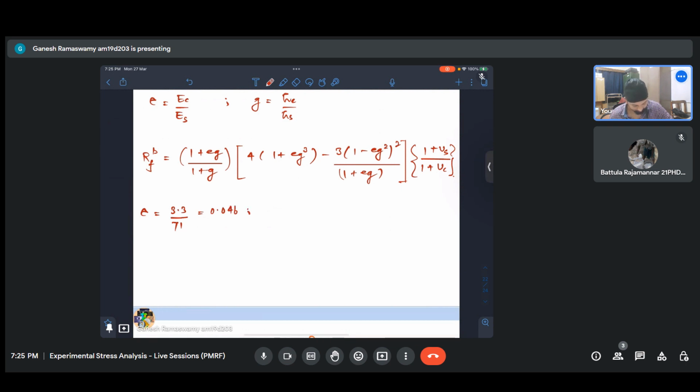G is 1.5 by 4, which is 0.375. By substituting, we'll be getting 3.3 by 71, 1.5 by 4. Okay, 1 plus EG upon 1 plus G into 1 point.